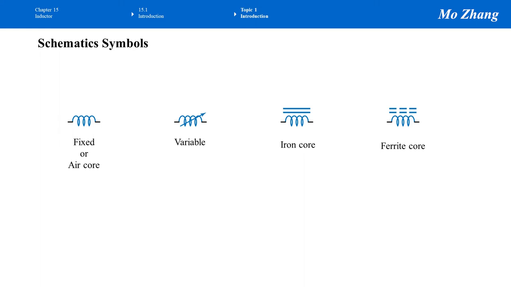The last one is a ferrite core inductor. Instead of using an iron core, we put a different kind of material called ferrite material inside the coil. These materials can enhance the magnetic field. With the same amount of current going through this inductor, more magnetic field can be generated due to adding this ferrite material.